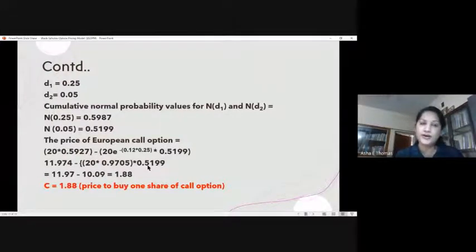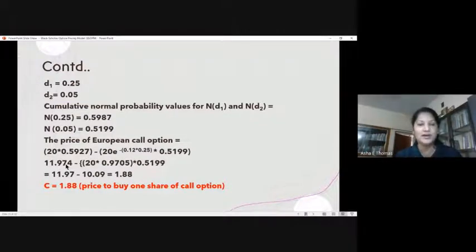Okay. So what I did is I first solved this part, and then multiplied this with 0.5199. So that's what I did. So I got this part, that is 10.09, and I had already found out the value for this. As far as possible, we can keep the decimal points to 2 or a maximum of 3.